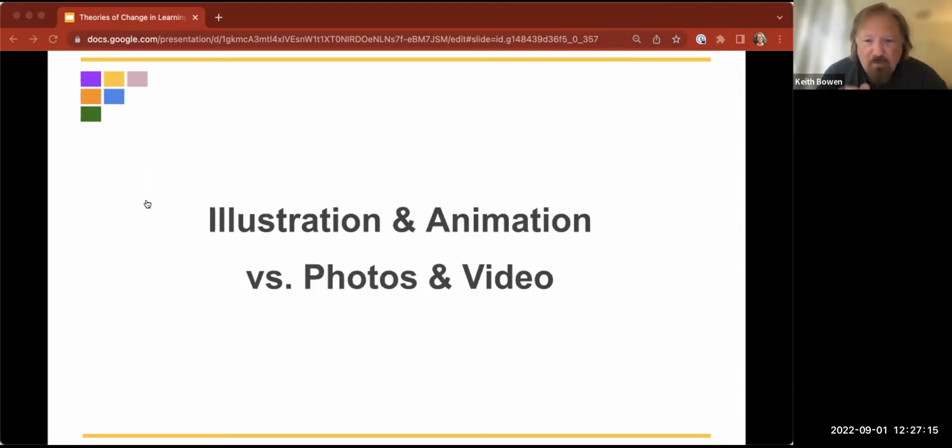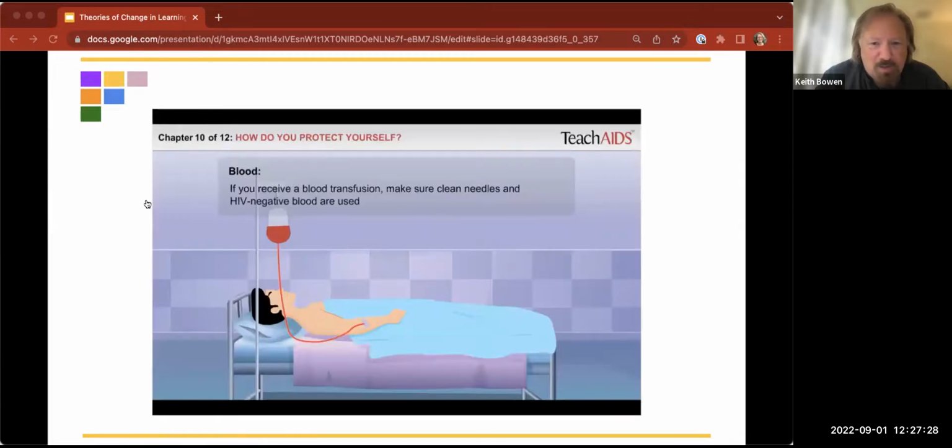They also learned that illustration and animation would work better than explicit photos and videos. Why? Explicit images were jarring and distracting, and illustration and animation could be carefully controlled. So they put their attention on this.